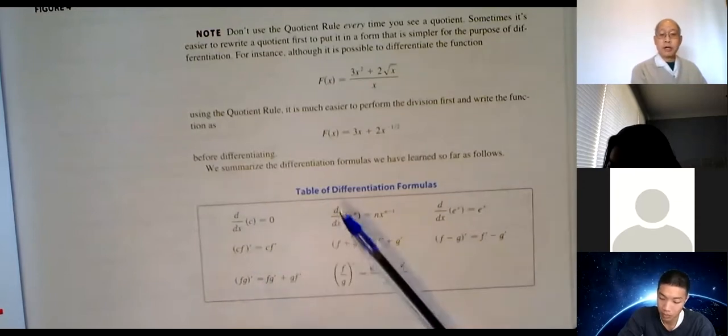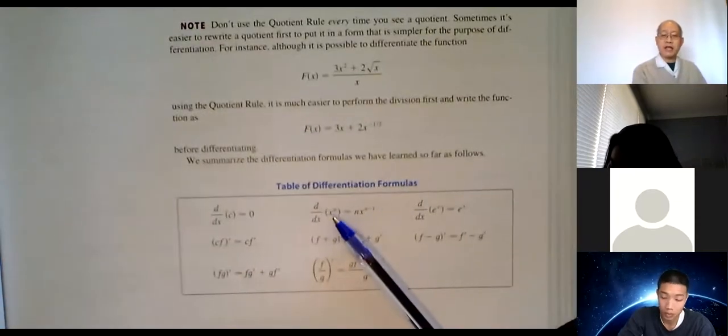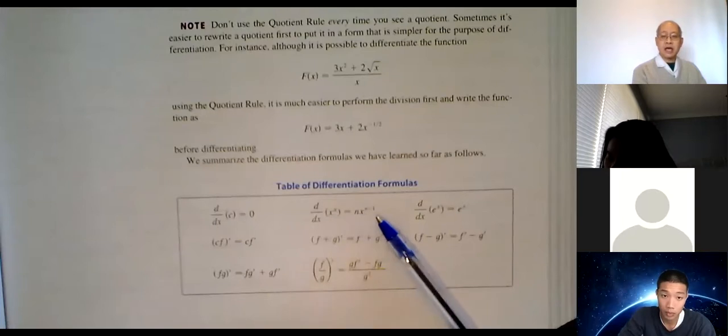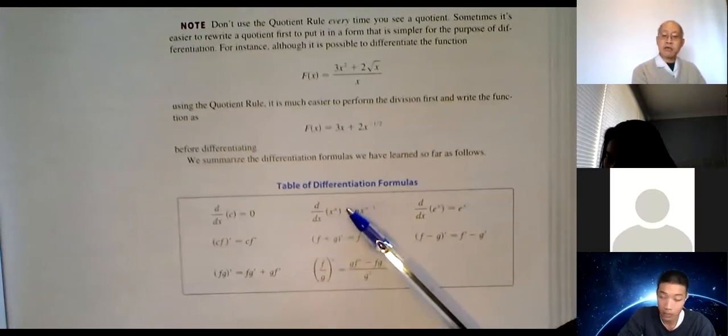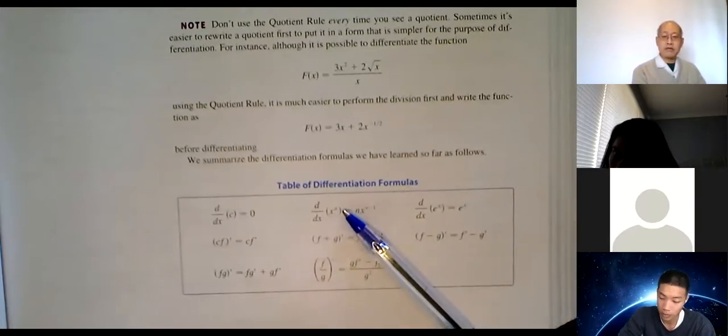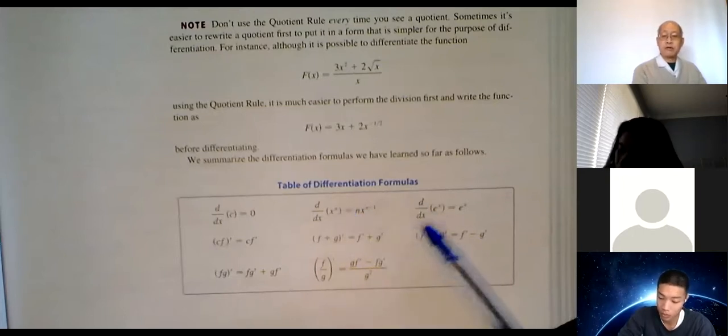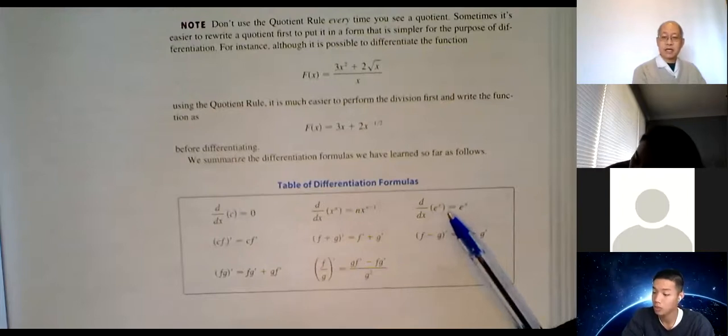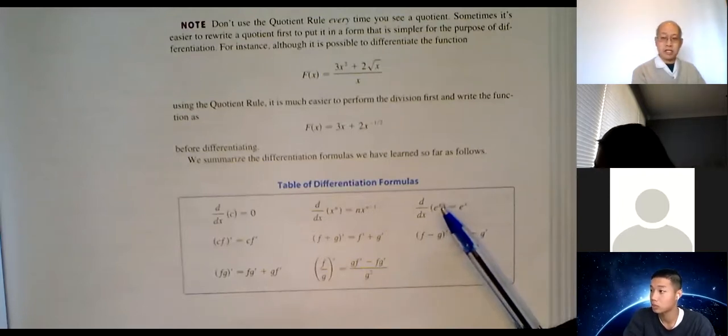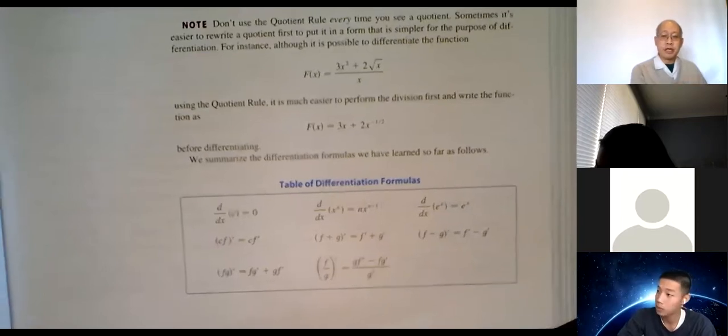But anyway, the power rule: the derivative of x to the n is n x to the n minus 1, where n is any real number. So it can be positive, negative, fractions, decimals, whatever. The derivative of e to the x is itself, e to the x. Later we'll learn how to differentiate 2 to the x, 3 to the x, 10 to the x, and so on. They're not as easy. So the nicest exponential function to differentiate is e to the x.